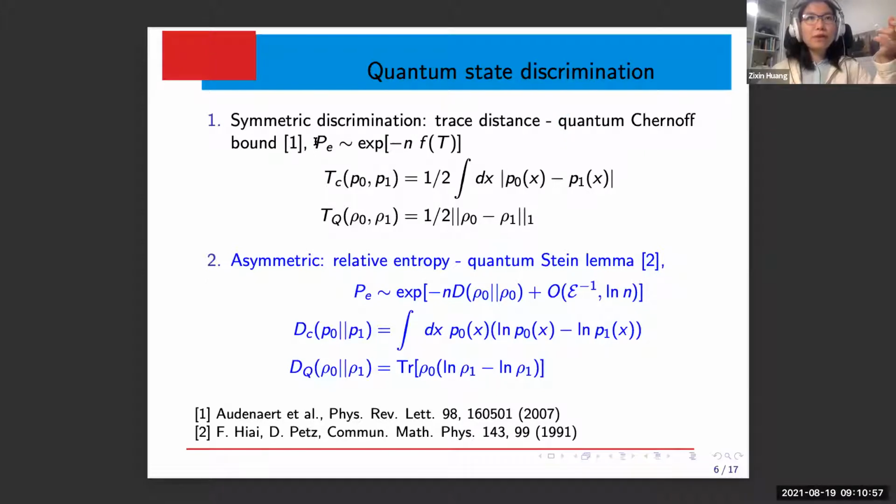So the probability of error takes this form, where n is the number of repetitions of the experiment, or the number of photons that you detect, and the error exponent is dictated by the trace distance. However, for certain scenarios, such as the exoplanet case, we might want to look at the asymmetric case.